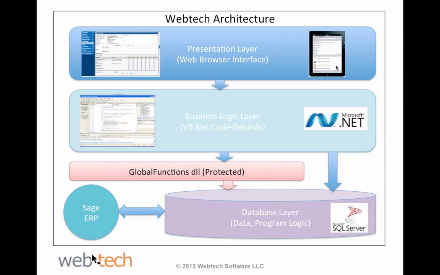So the way we've got the program organized is we can make changes to the business logic layer without affecting the database layer or the global functions, and that allows us to roll out changes even if you've had it customized. And the other thing you'll notice on this slide is the integration with Sage's ERP systems is click a button or push or pull data.